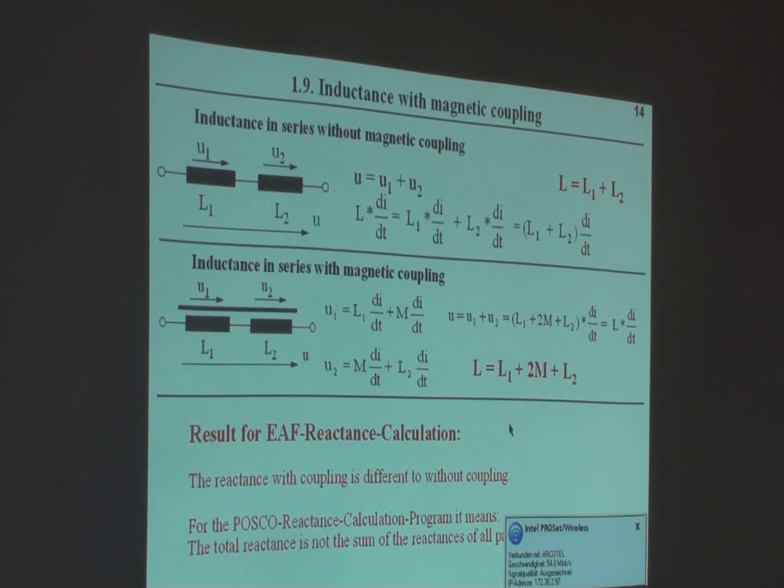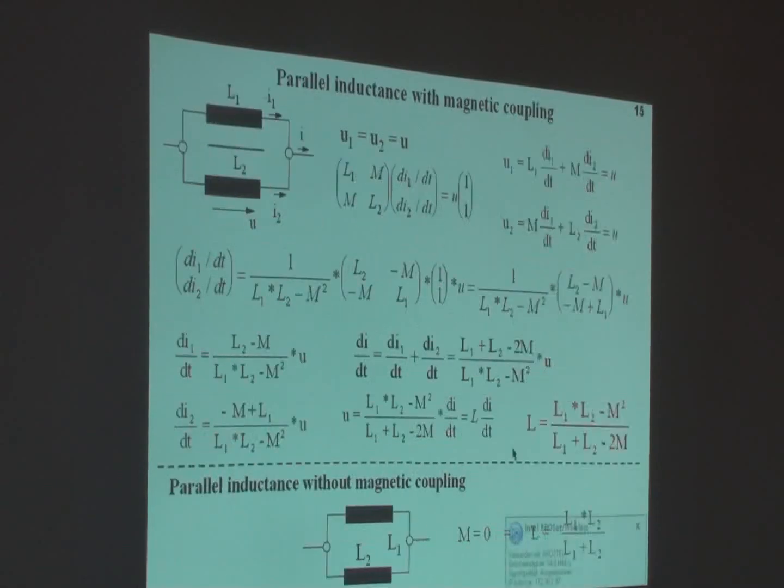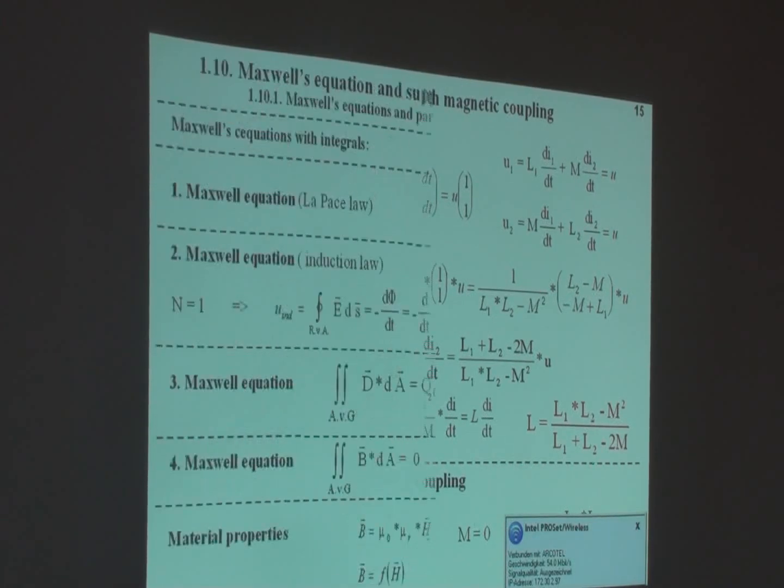But we will see a little bit in future. Okay, for parallel, it's the same. But the theory is a little bit complicated. You have to invert the matrix and so on. But it's not important.